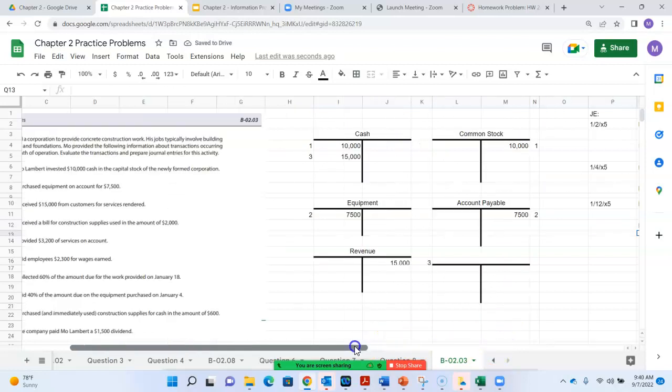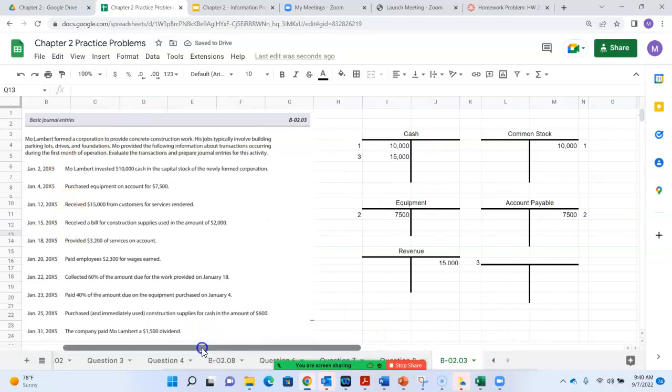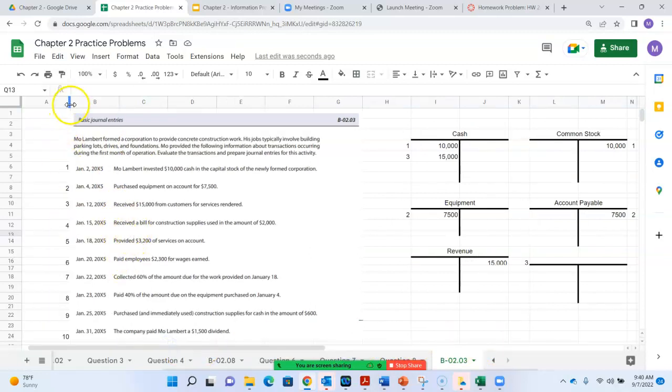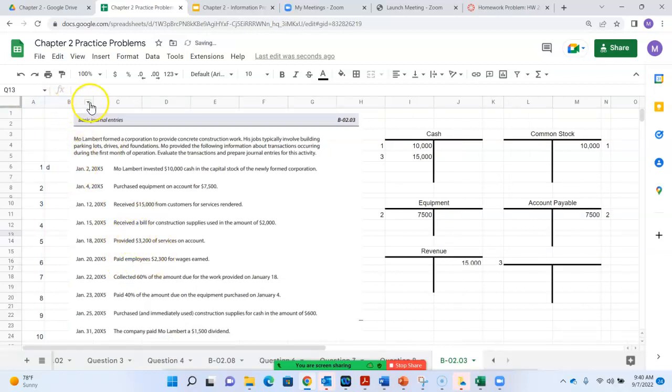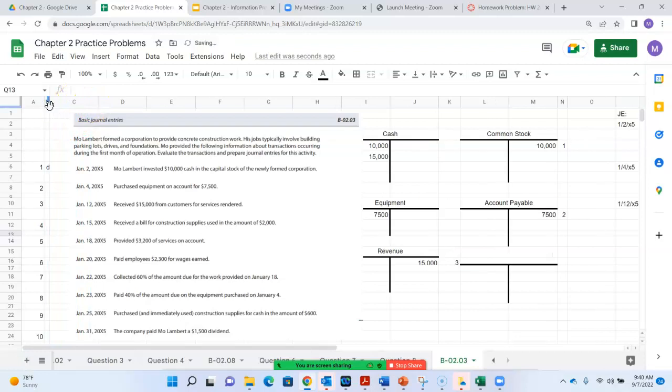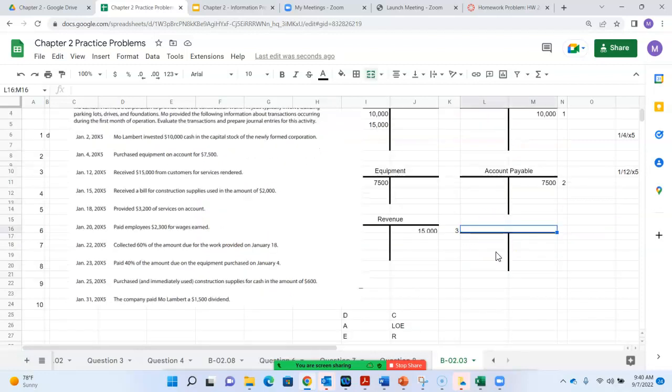Okay, next one. Let's try 4. Received a bill for construction supplies used in the amount of $2,000. So our supplies expense account needs to be established.